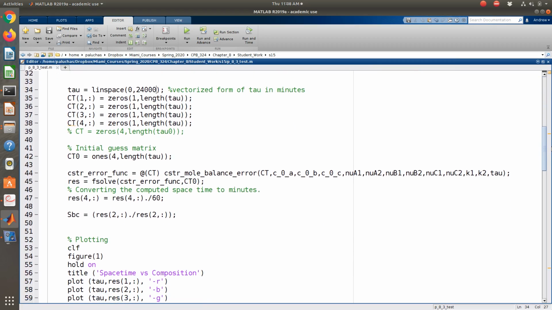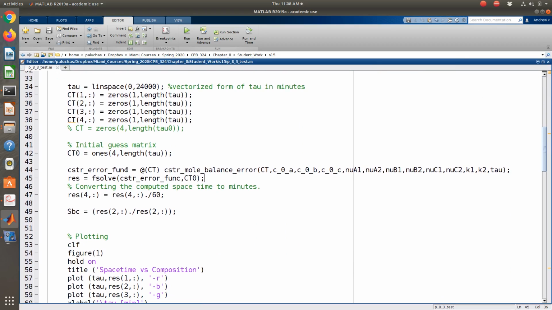So then what I would do is, instead of res, there's really no use for CT up here. There's no use for it because CT is my input to my function here.